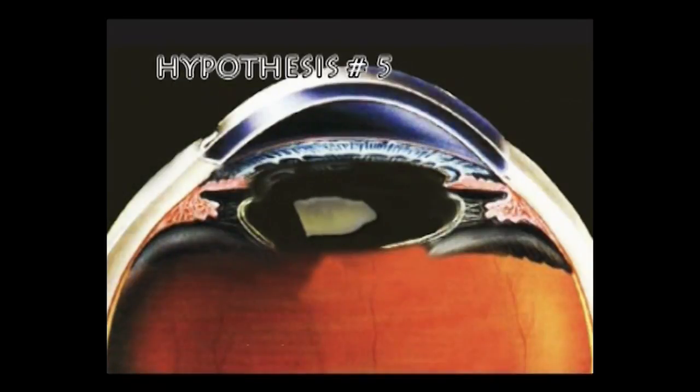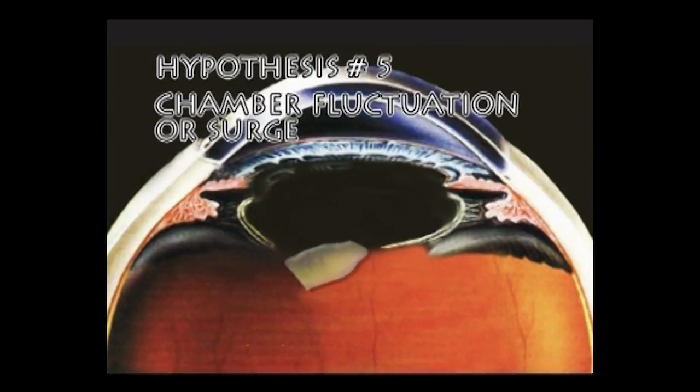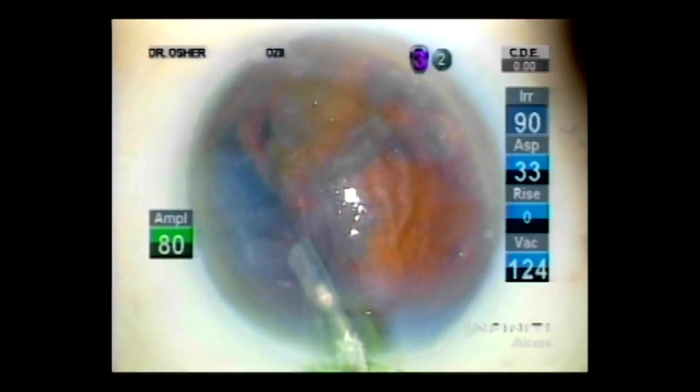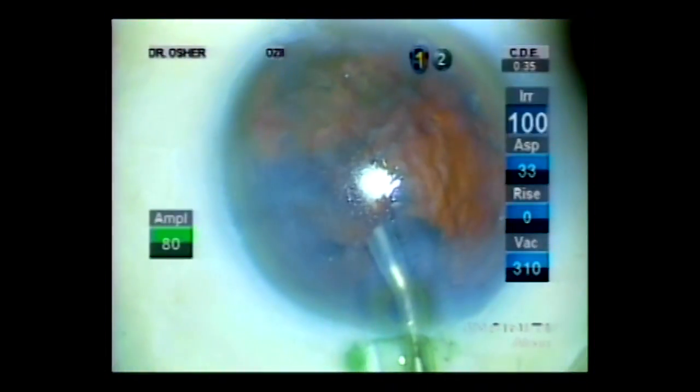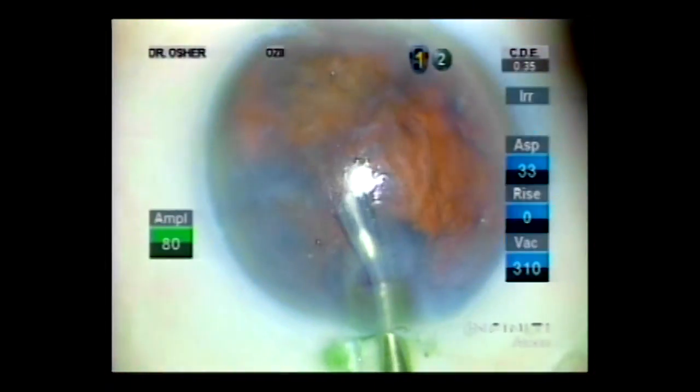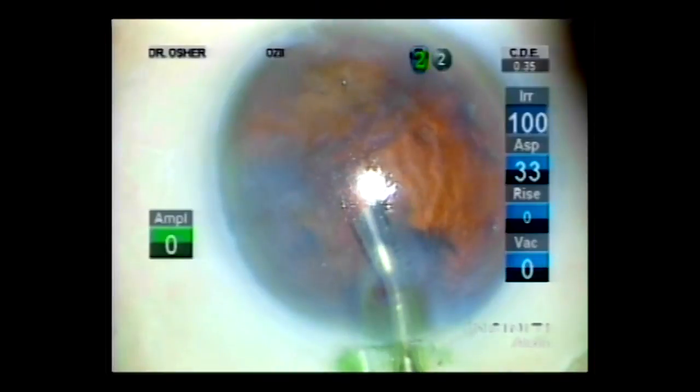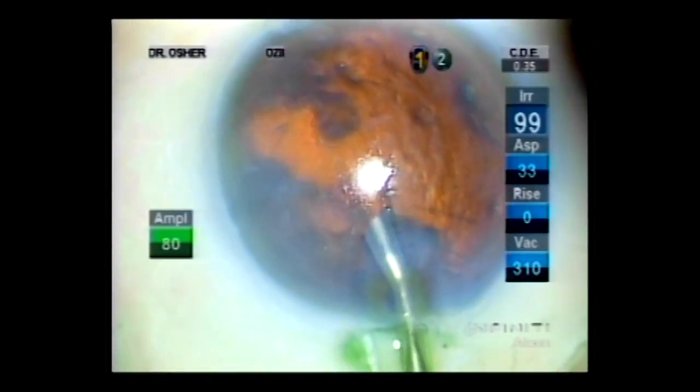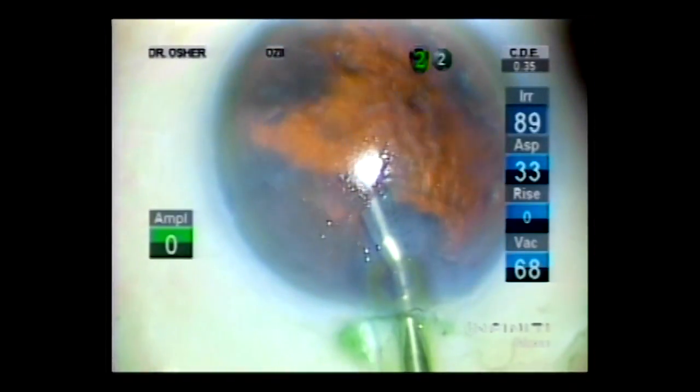Hypothesis number 5, chamber fluctuation or surge. A high aspiration rate can pull vitreous forward or empty the chamber, while a high vacuum at occlusion break will cause surge. Violent forward movement of the vitreous seems to allow the nucleus to fill the void, and for the first time, we watch the nucleus disappear.